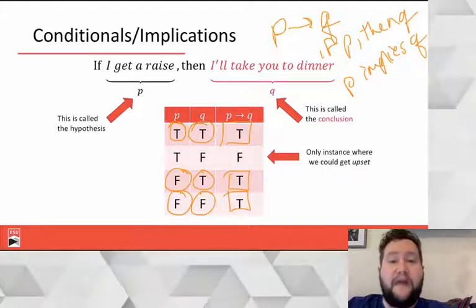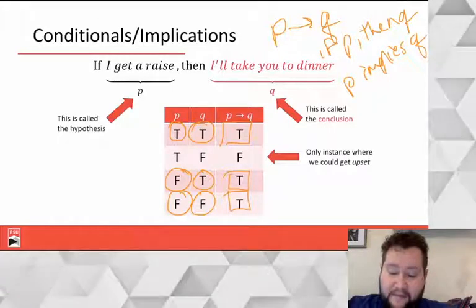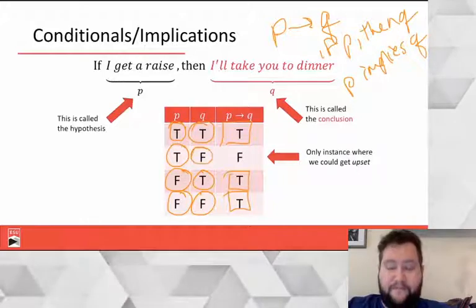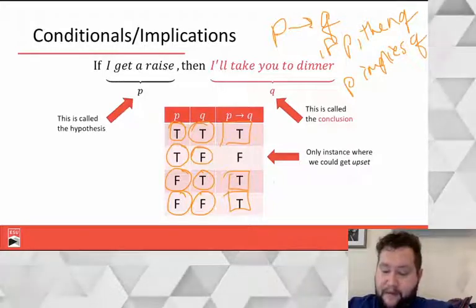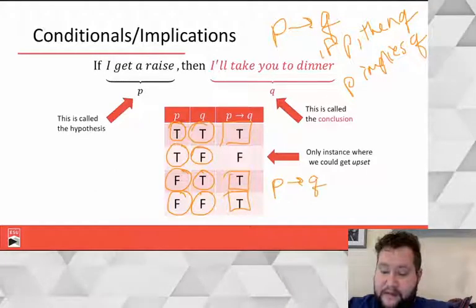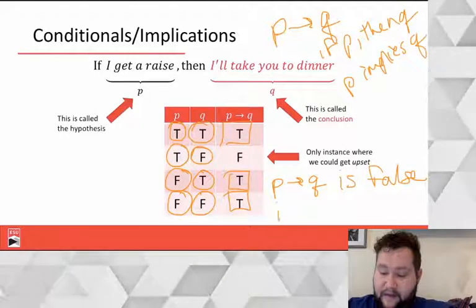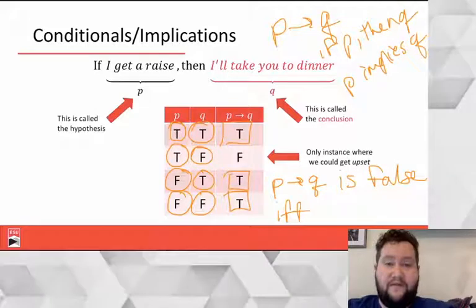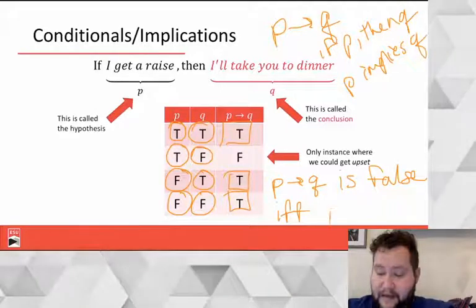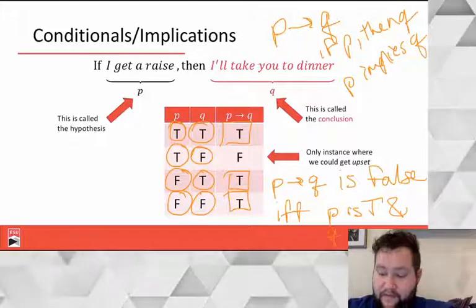So the only time P implies Q is false is if P is true and Q is false. So P implies Q is false if and only if, so IFF is if and only if, P is true and Q is false.